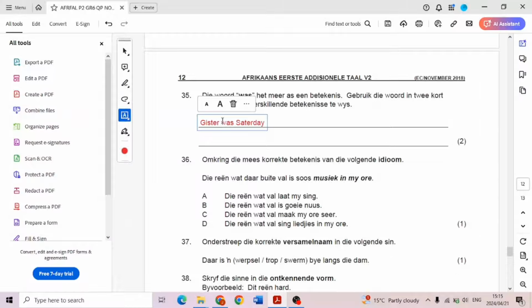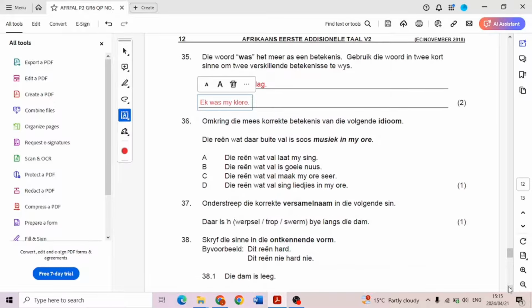That means yesterday was Saturday. Full stop. Then the other was is wash. Ek was my klere. I don't even need to go further than that. The teacher understands this. Okay, 2 marks picked up.